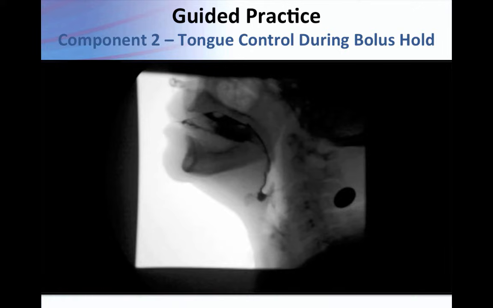So the first one that gives people a challenge is tongue control during bolus hold. Recall from earlier discussions that you make this judgment after the patient is cued, whether they understand it or not, to hold the bolus in the oral cavity. During the protocol, when you're actually doing the exam, this is a very quick time. You don't sit there and radiate them forever while they're holding it in their mouth.